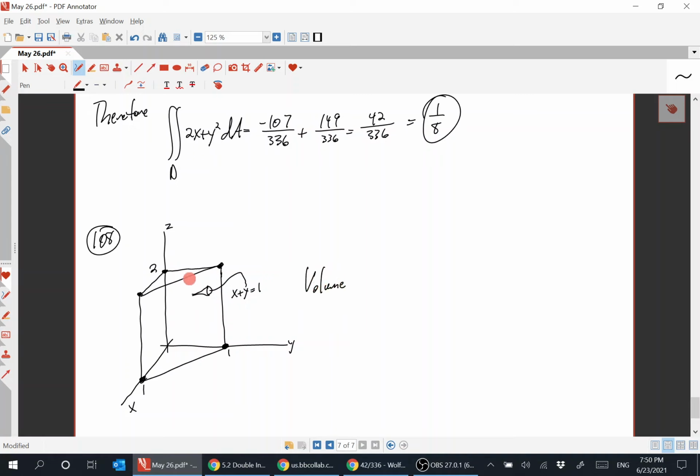So the volume of any cylindrical type construction like that is equal to the area of the base times the height. The area of the base is just 1/2 times 1 times 1, times the height, which is 2. So the volume is just 1.